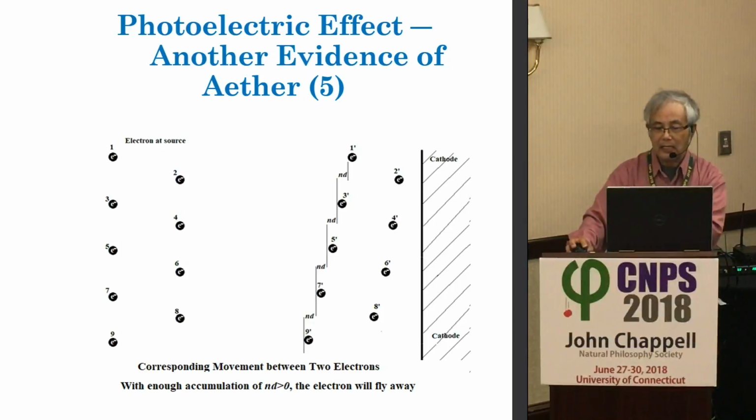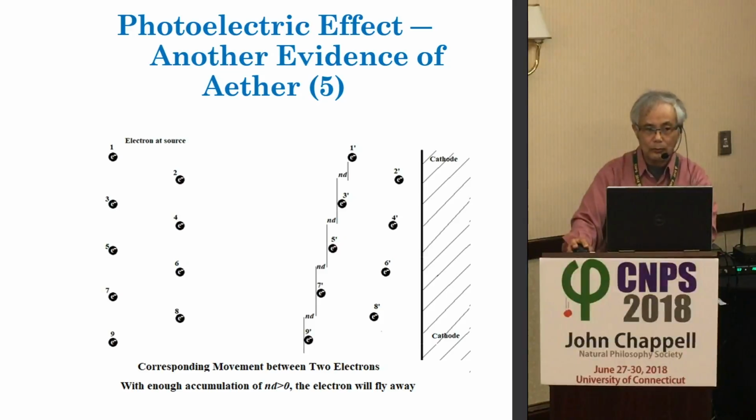In the next half cycle, it will move from 2' to 3'. If the distance from 2' to 3' has extra length, Nd, then the electron is moving away from the cathode. After many cycles, many Nd accumulate, making the distance away from the cathode bigger and bigger.